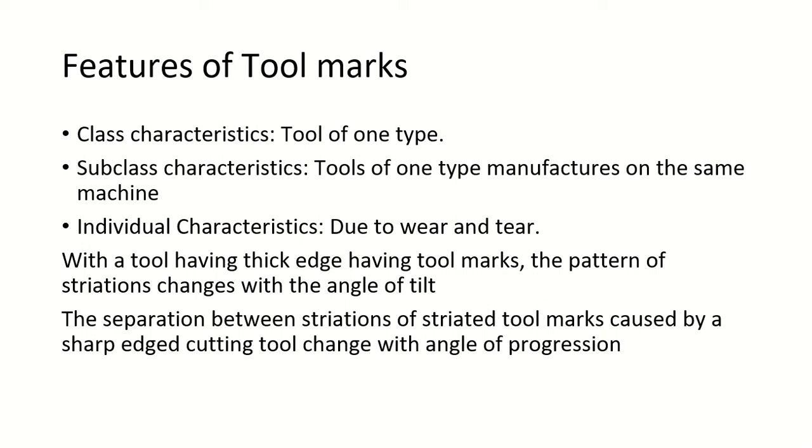The separation between striations of striated tool marks caused by a sharp-edged cutting tool changes with the angle of progression. As in the case of a file, when the angle changes, the distance between its teeth will also change in the tool mark obtained by it.